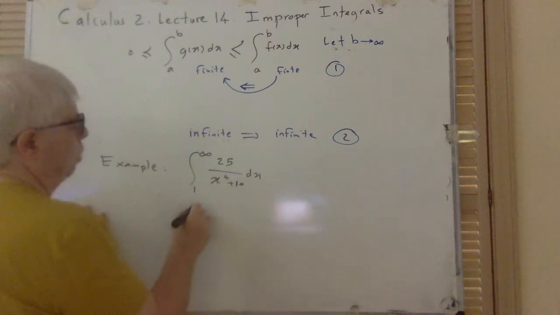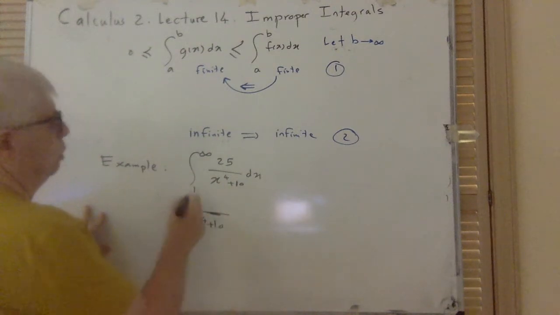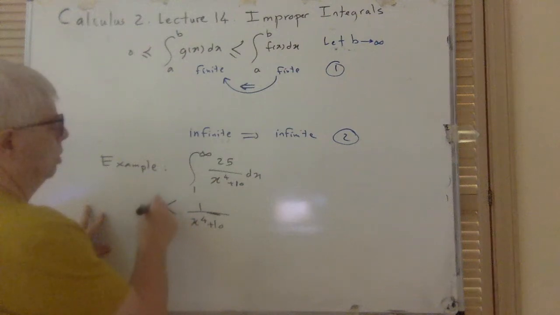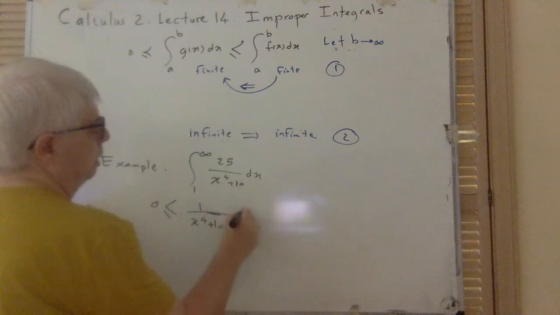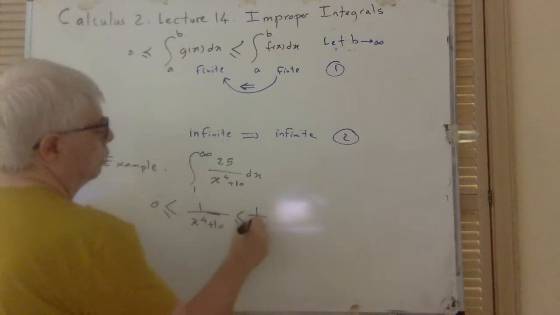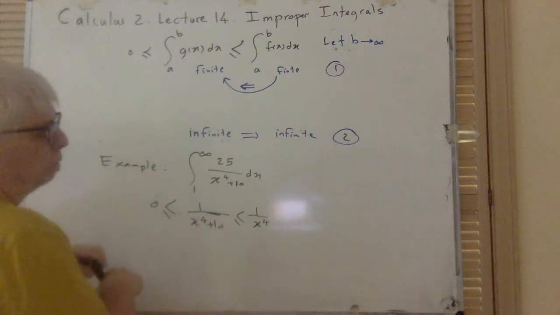Okay, this 1 over x^4 plus 10, for example, first of all, it's bigger than 0 for x bigger than 1, and it is less than 1 over x^4. Why? Because the denominator is always bigger.